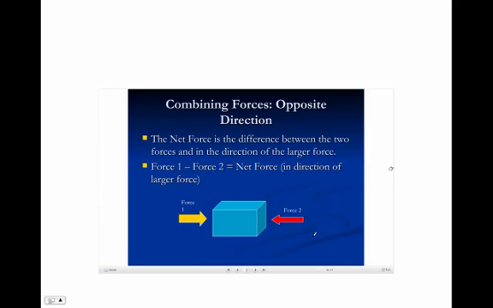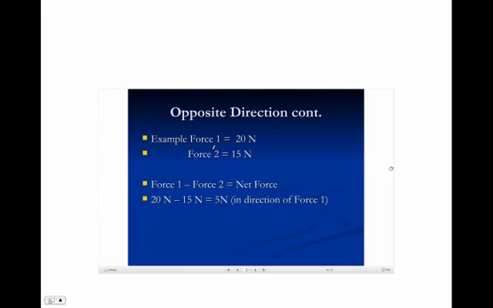However, sometimes forces act in opposite directions to each other. And if that's the case, then we would subtract the two forces. So here would be our formula, force 1 minus force 2. So let's say force 1 was 20 newtons in this direction, and force 2 was 15 newtons in this direction. What would the net force be?